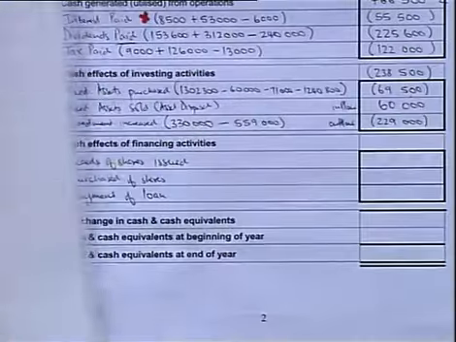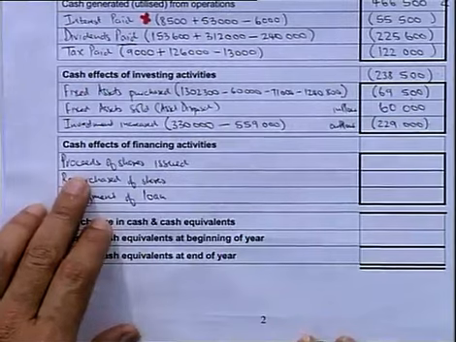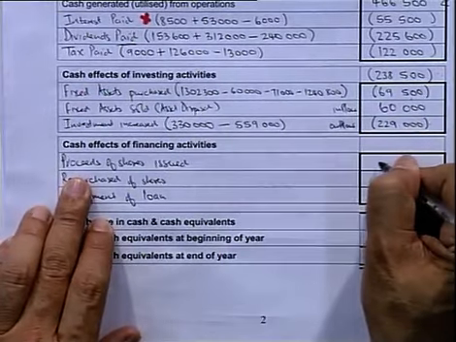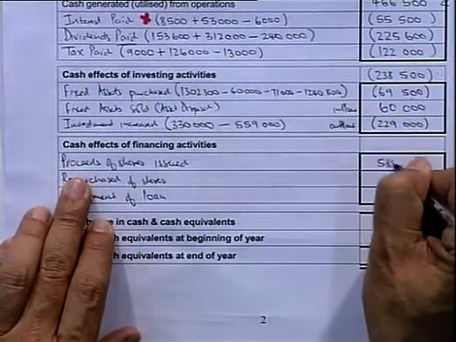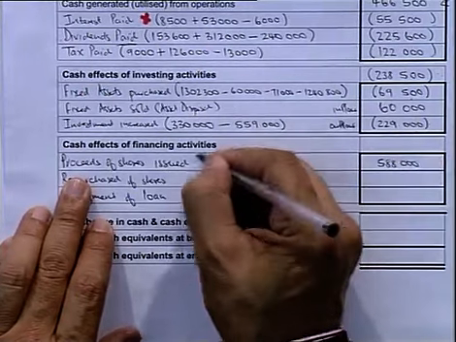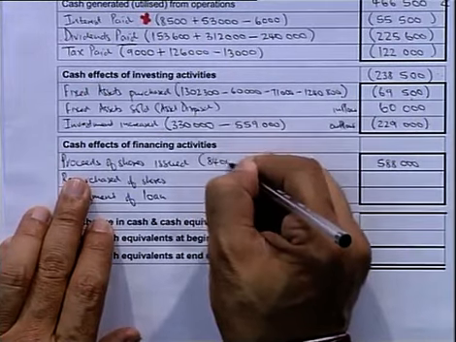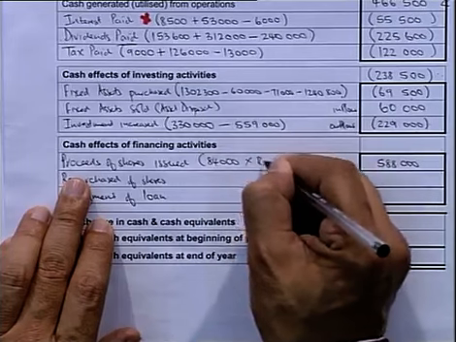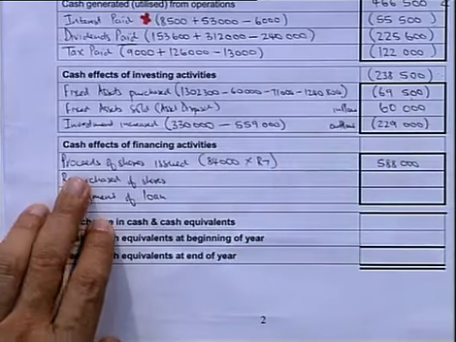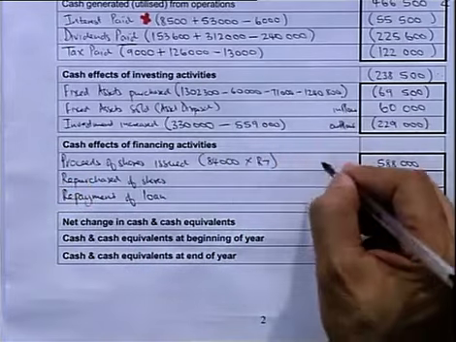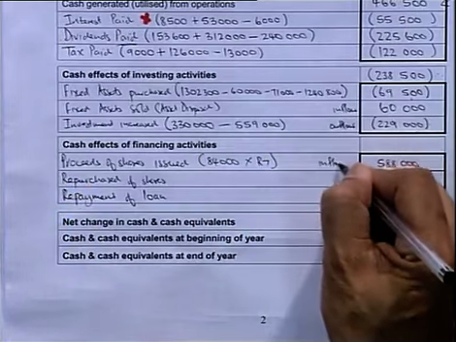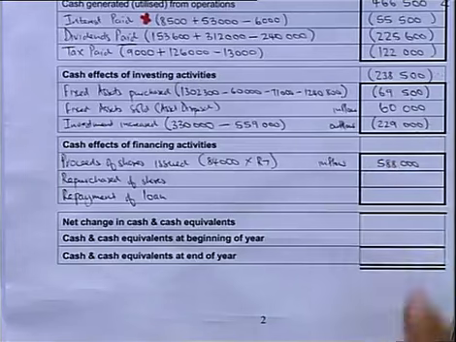So the proceeds of the shares issued is going to be 588,000. If we wanted to, we can just have 84,000 over here, multiply that with the 7 Rand, and that's how we got the amount, and that's going to be seen as an inflow. That's why we don't have any brackets around it.